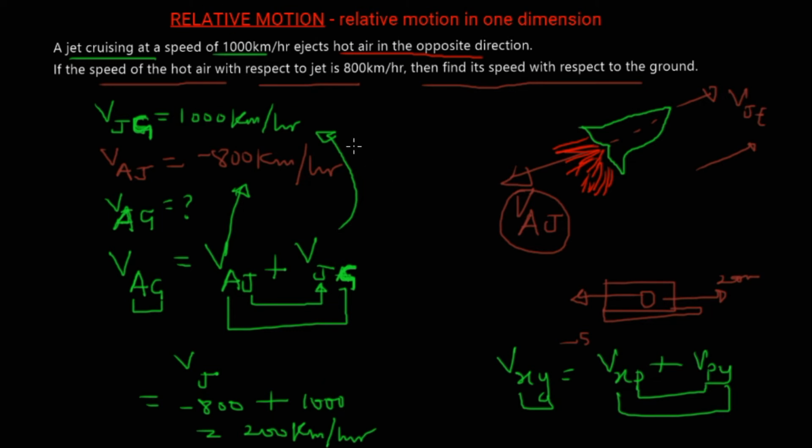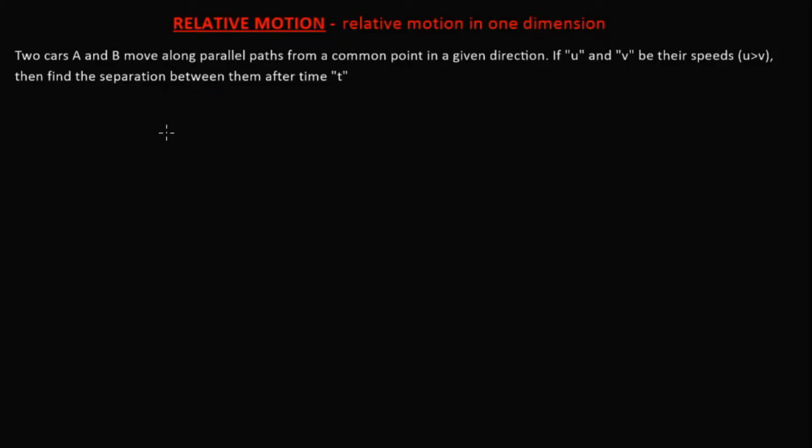Alright, let's solve another practice problem. Two cars A and B are moving on parallel paths from a common point. Let's say this is the common point. If u and v be their speeds respectively, let's have A moving this way, and in this case u is greater than v.